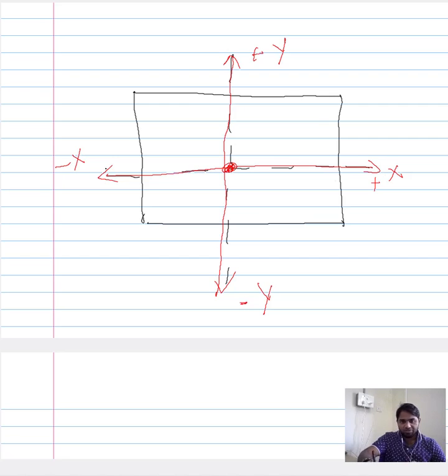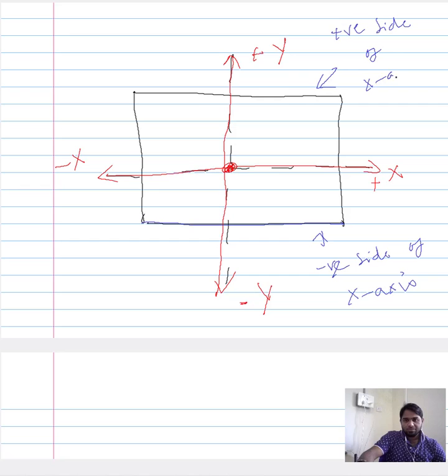With respect to the x axis, this plane is on the positive side and this plane is on the negative side. If I use blue, blue will be on the negative side of the x axis, and this would be on the positive side of the x axis.